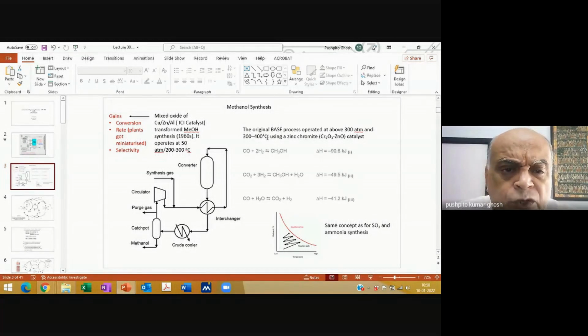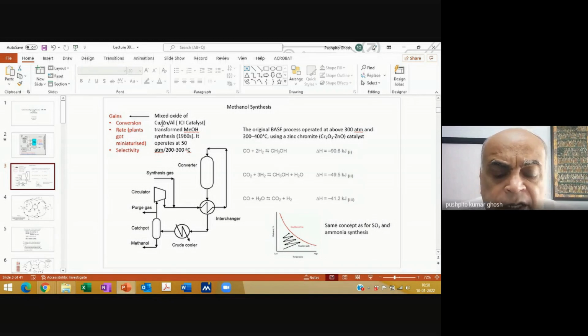So it was a huge breakthrough, and obviously the capital investment in setting up these plants naturally came down, and they were able to actually make even smaller plants. What they also found is that they did not compromise in any way on the rate of the reaction. If anything, both the conversion and the rate were tremendously accelerated with this catalyst.